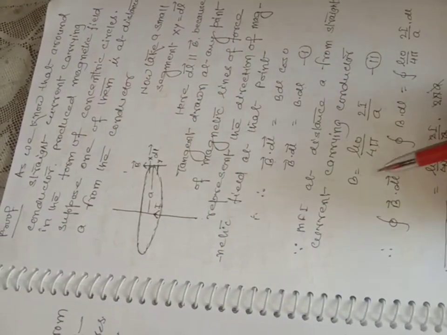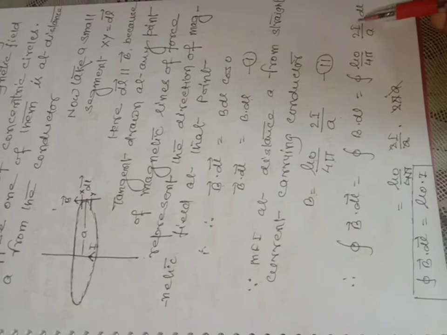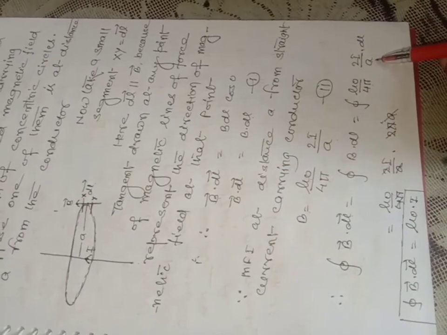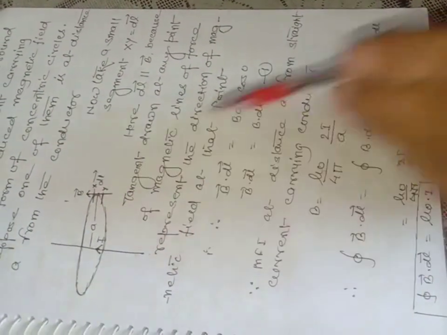So put the value of this B in the equation. The closed integral of B dl is equal to the integral of B dl. Instead of B, write mu 0 upon 4 pi times 2I by a, times dl. Here mu 0 upon 4 pi is a constant quantity, whose value is 10 to the power minus 7. I is the current, which is also constant, and a, the radius of this circle, is constant.